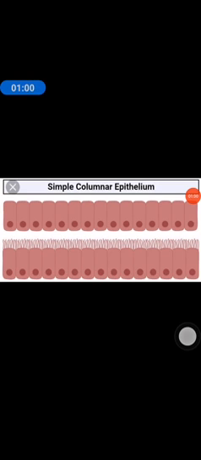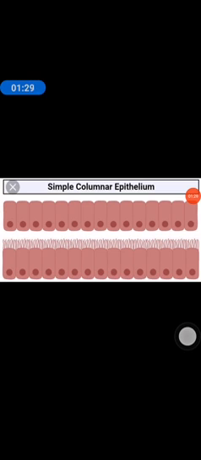Simple ciliated columnar epithelium is found in lining of uterus, oviduct, small bronchi of lungs, paranasal sinus, ventricle of brain, and central canal in spinal cord. And simple columnar epithelium with microvilli is found in lining of small intestine, proximal convoluted tubule of kidney, distal convoluted tubule of kidney.